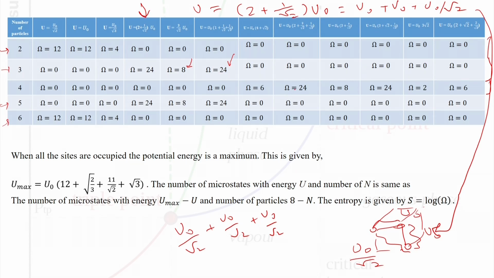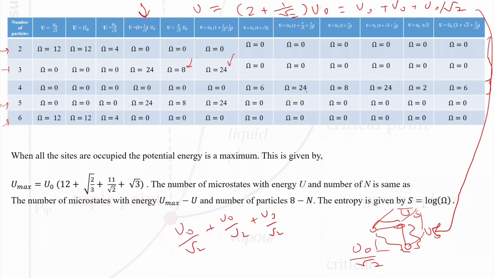So you have 1, 2, 3, 4, 5, 6 possible energies when the number of particles is 4, and the number of ways in which you can achieve this energy, which is 4 plus square root of 2, is 6, and you can achieve the energy which is 2 plus 3 by square root of 2 plus 1 by square root of 3 in 24 ways.